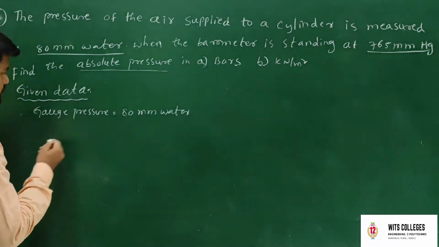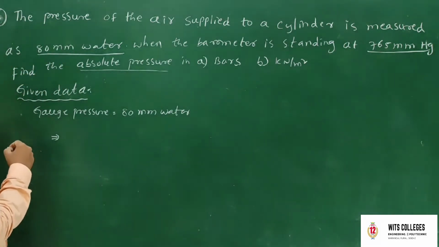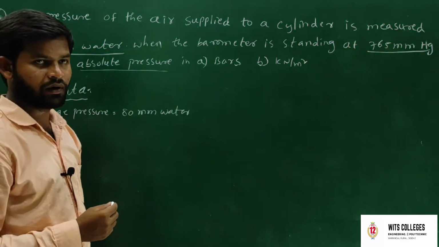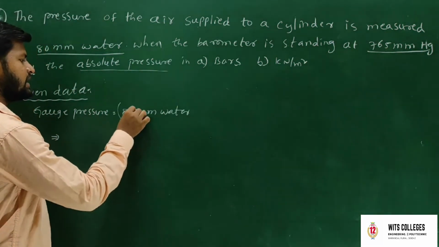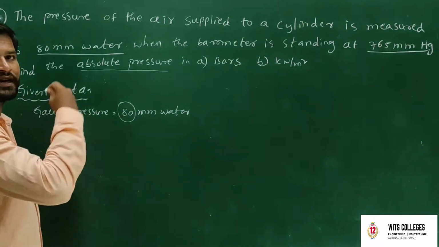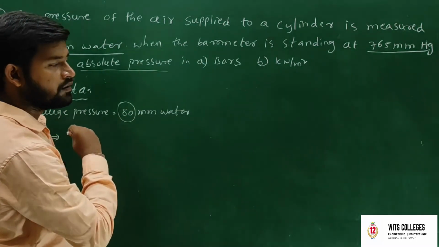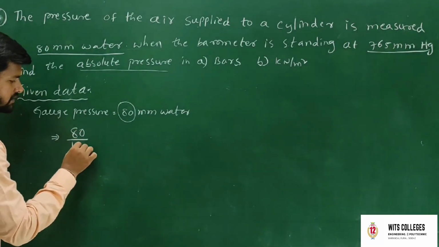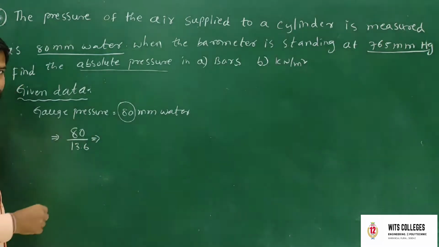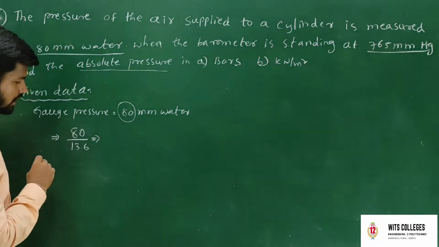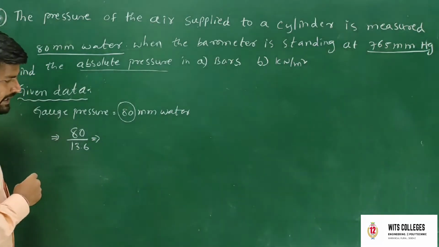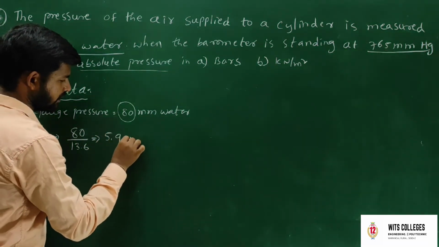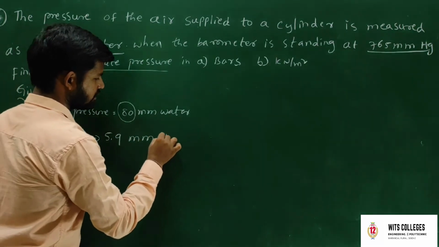In the previous problem we converted 100 mm of water into mm of Hg. In the same way, 80 mm of water will also be converted into mm of Hg. That is 80 by 13.6, the density of Hg, which gives 5.9 mm of Hg.